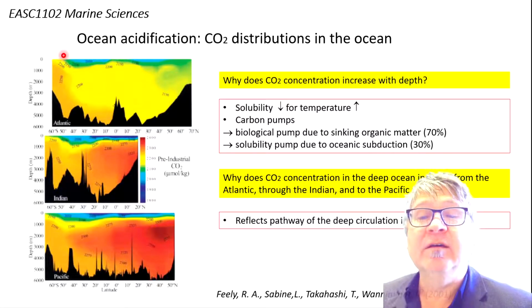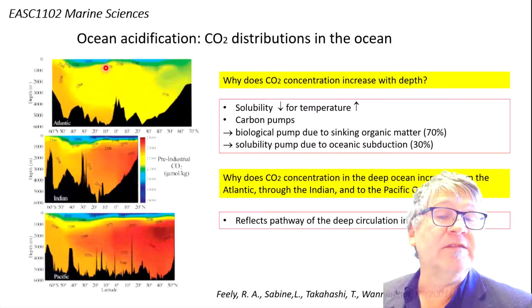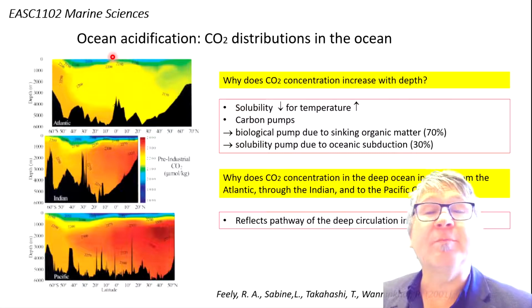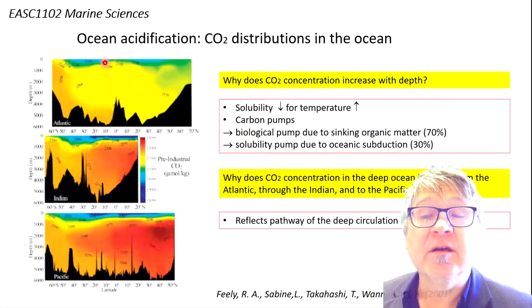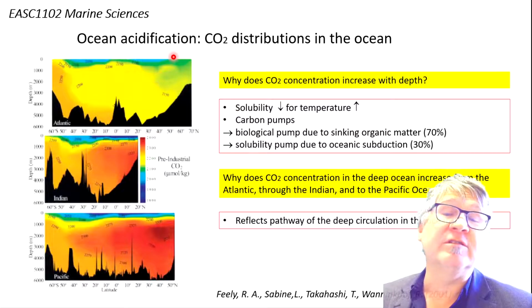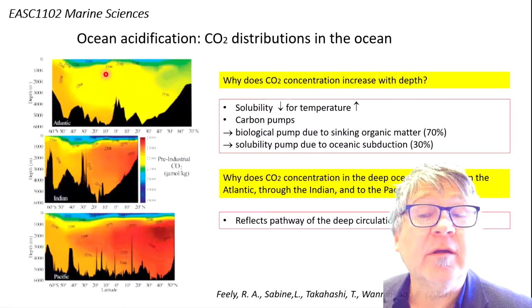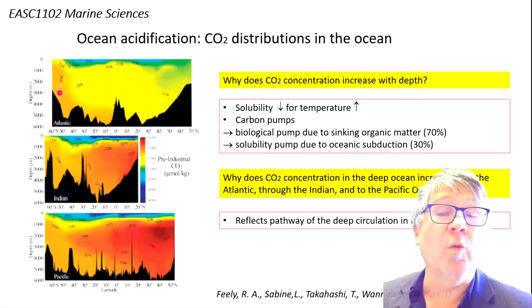You can see that relatively low values are found in the warm surface waters of subtropical gyres. Why are these values so low? Highest values you find in deep and bottom water.